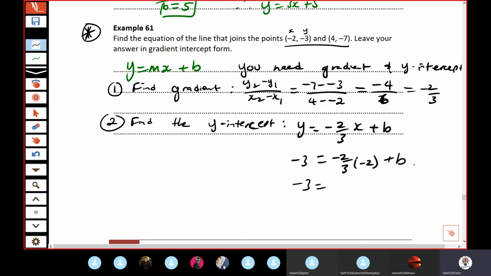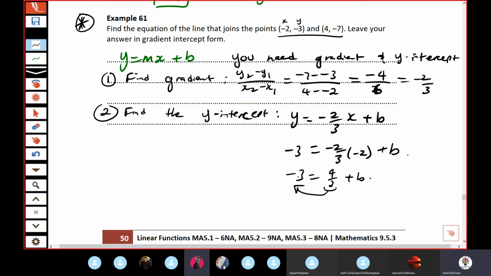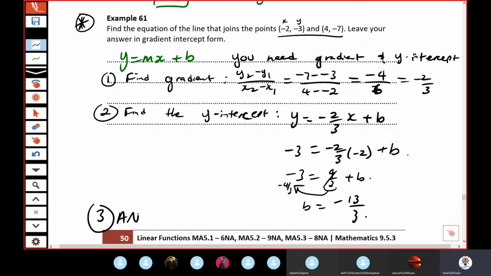So that becomes 4/3 plus b. That's just a number. So we're going to subtract this over here. So minus 4/3. And our answer is minus 3 minus 4/3, negative 13/3. And then the answer we're looking for, step 3, the answer is y equals mx plus b.